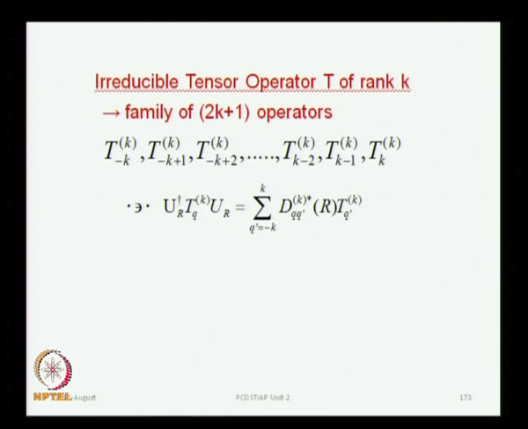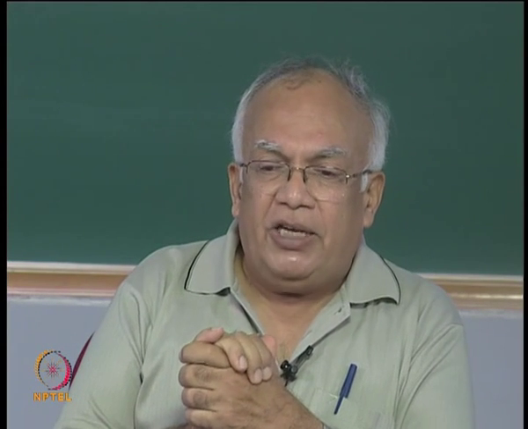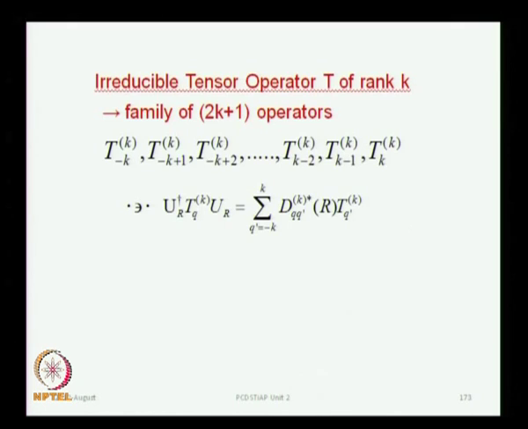The number of members is 2k plus 1, where k is the rank of this operator. Okay. So, the irreducible tensor operator of rank k is a family of 2k plus 1 operators, and you designate these by writing the rank k as a superscript and the members as subscript, and the 2k plus 1 members you designate by an index which goes from minus k to plus k in steps of 1.